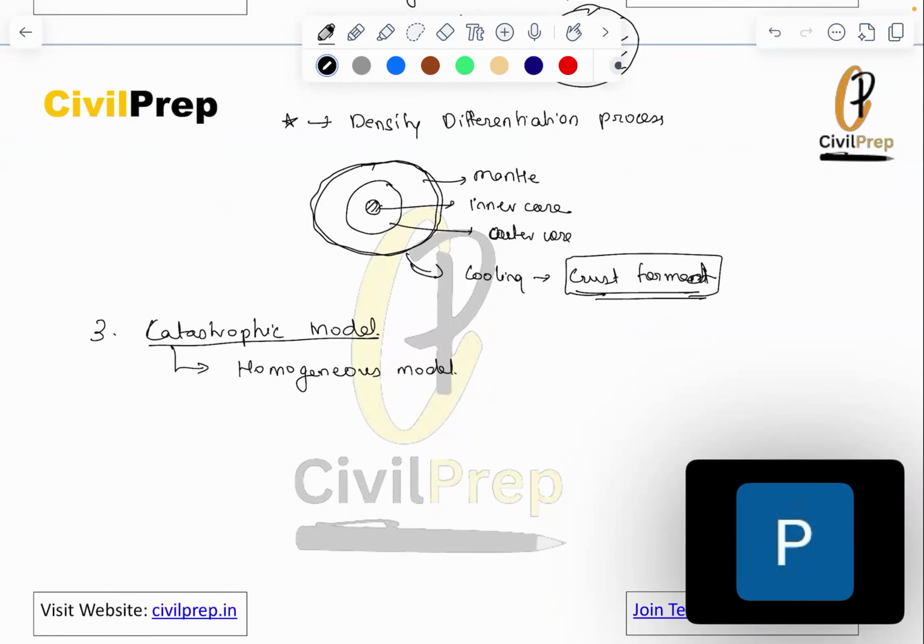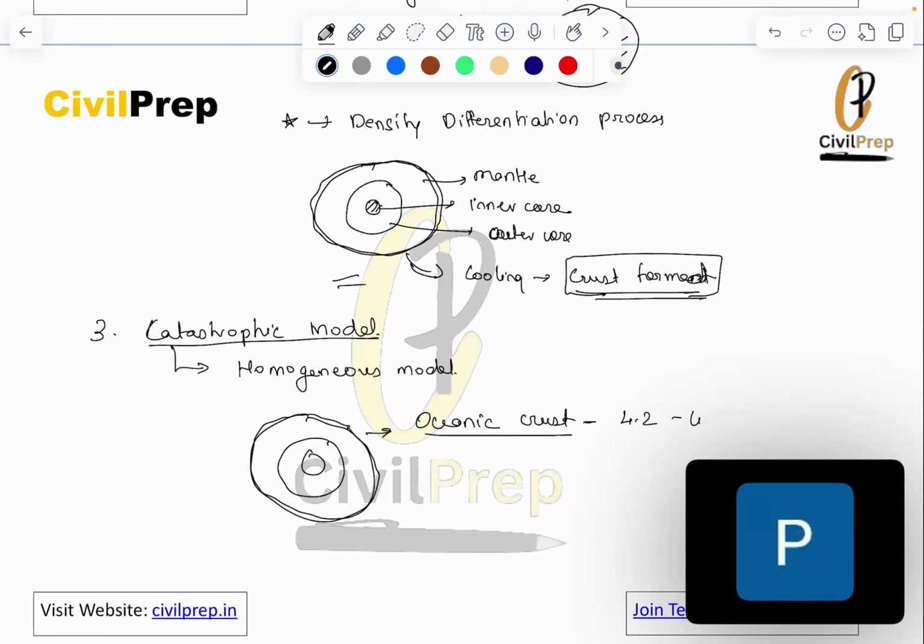Under the homogeneous model, there is formation of the Earth like this, and there is a layered structure. And there is formation of the first crust, that is the oceanic crust. This oceanic crust formed around 4.2 to 4.3 billion years ago, and this was confirmed under the catastrophic model.